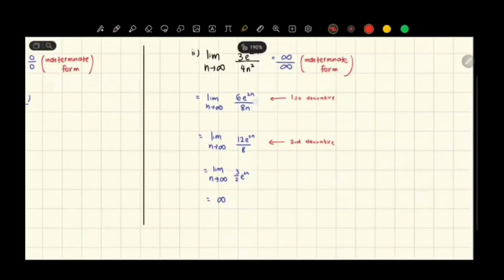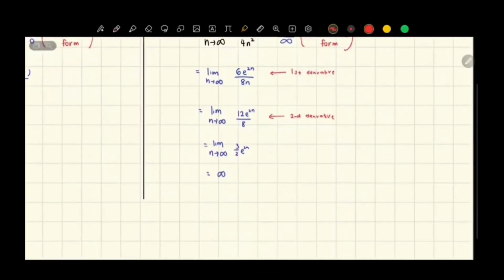We differentiate the numerator 6 to the power of 2n, and the power 2n becomes 2, then we multiply 6 times 2. We get 12 to the power of 2n, and the denominator 8n becomes 8. And then 12 over 8, we can simplify to become 3 over 2, like here.